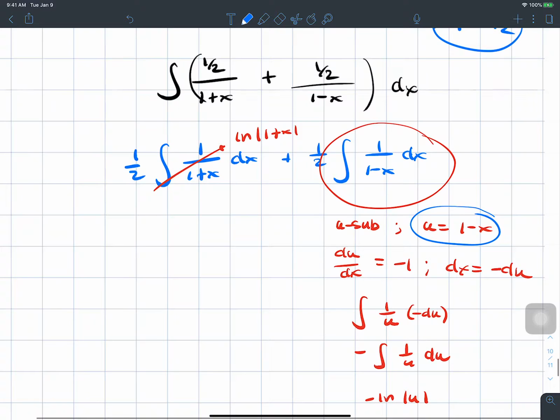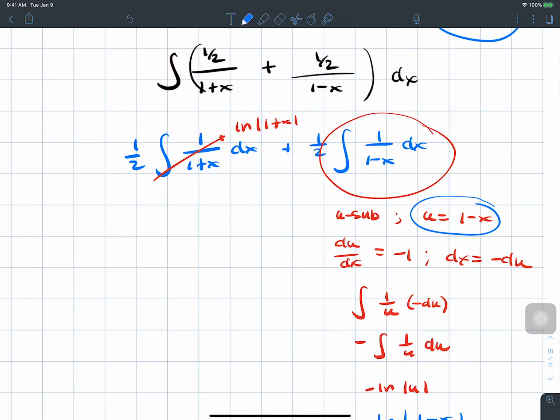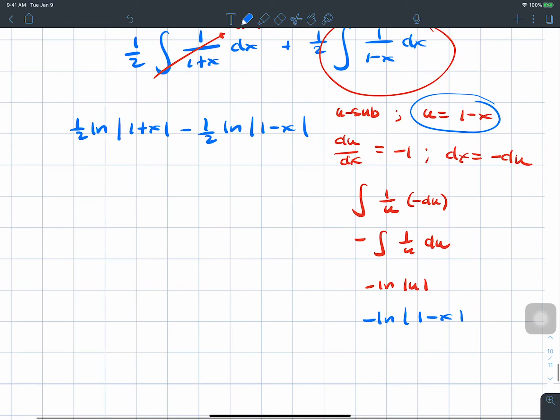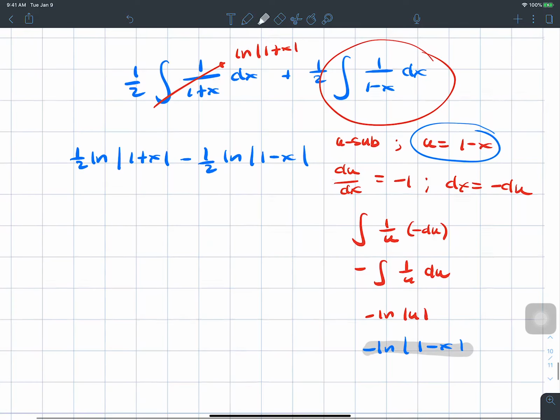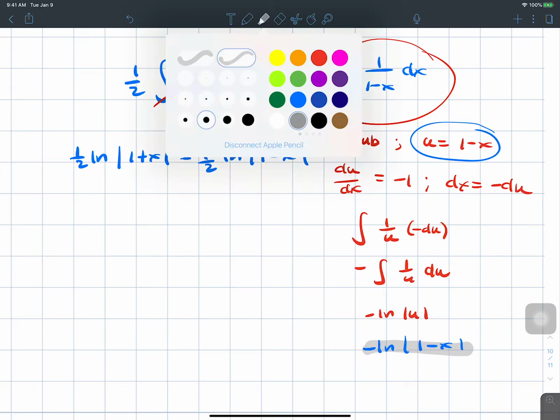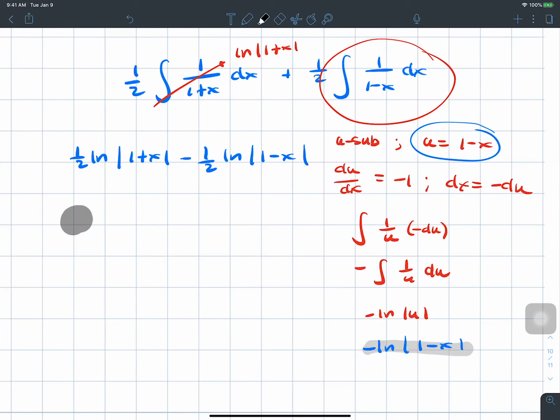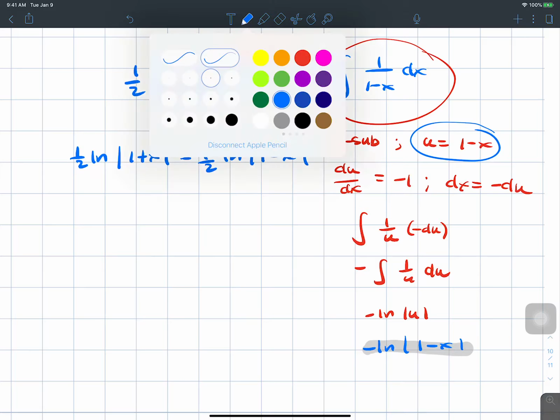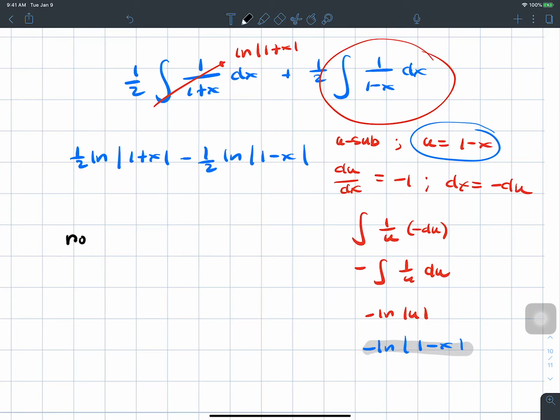So let's put this all together here as this integral, right? We have 1/2 natural log absolute value of 1 plus x. This is now going to be minus 1/2 natural log absolute value 1 minus x, because of the fact that down here we got a minus sign. So altogether, I just want you guys to note, here's a fact. Let's put it down here.